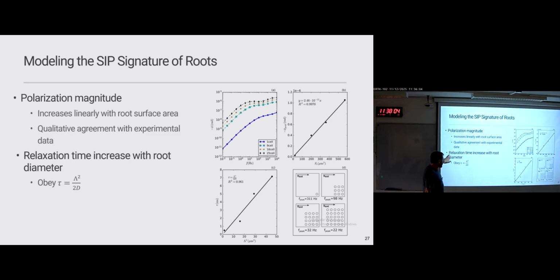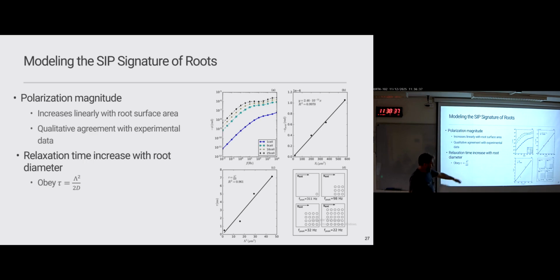When we look at the relaxation time, and I plot it as a function of the square of the diameter of the root, we got a very nice linear relationship obeying this function, which is what we expect from the literature, that the relaxation time is related to the square of the radius of the polarized body divided by the diffusion coefficient.